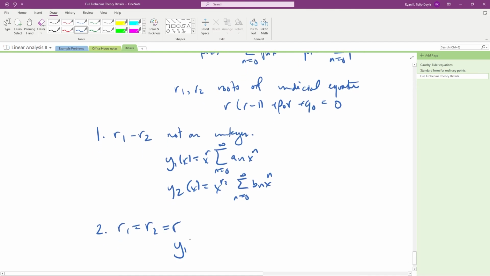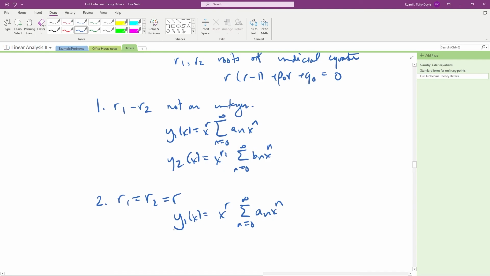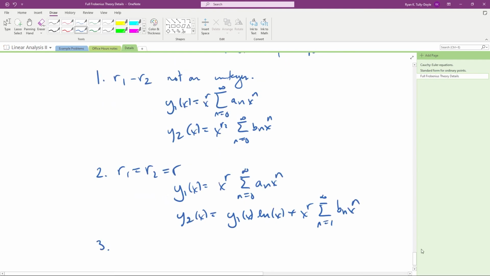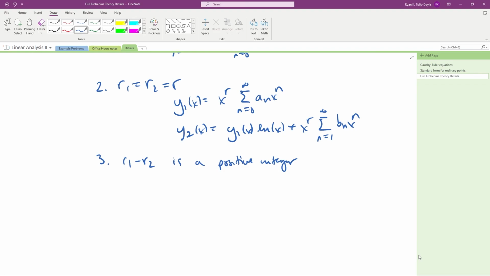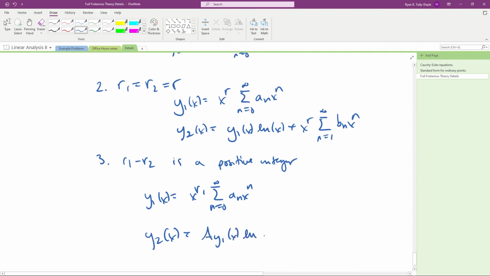The first solution is the same, and the second solution is derived from reduction of order. What could happen in case 3 is that r1 minus r2 is a positive integer, and in that case, we end up with y1 of x is x to the r1 sum n equals 0 to infinity, an x to the n, and y2 of x is the even nastier, a times y1 of x times natural log of x plus x to the r2 times a second Frobenius series.